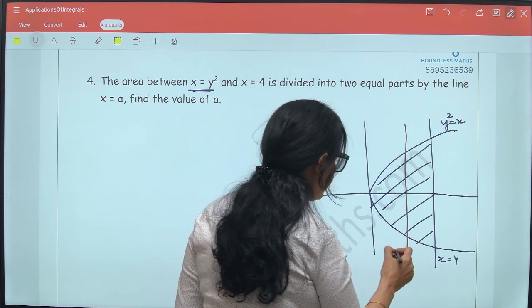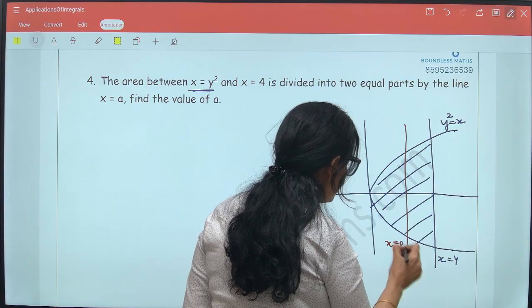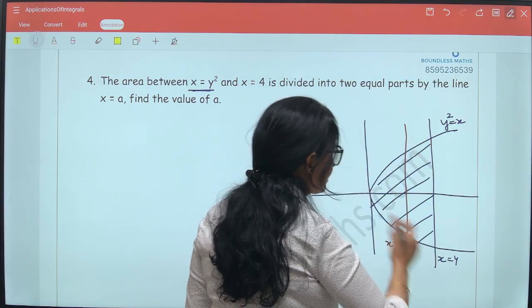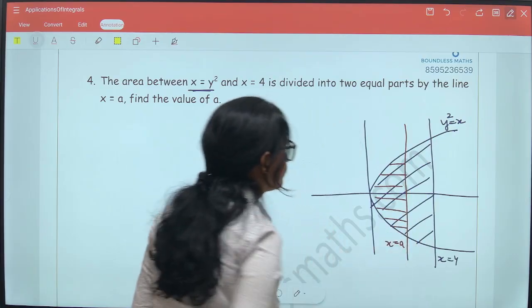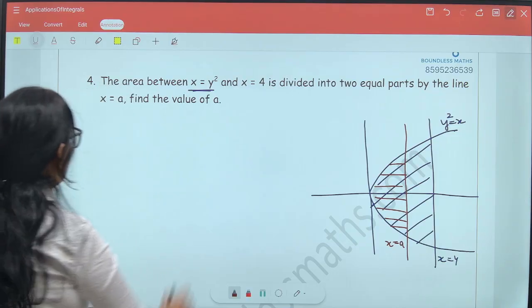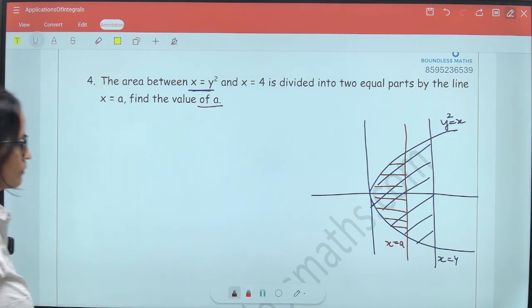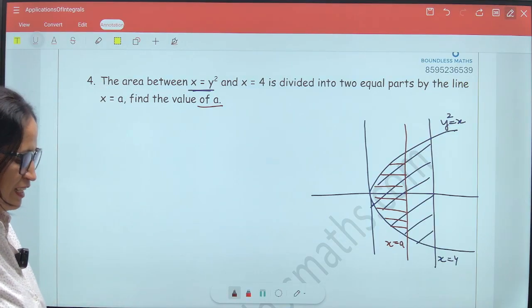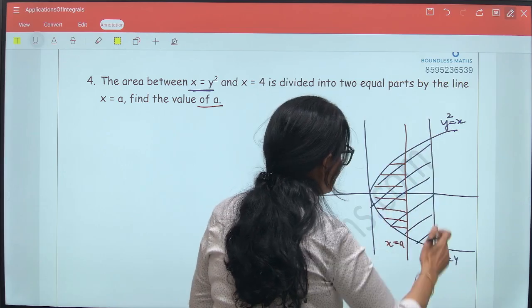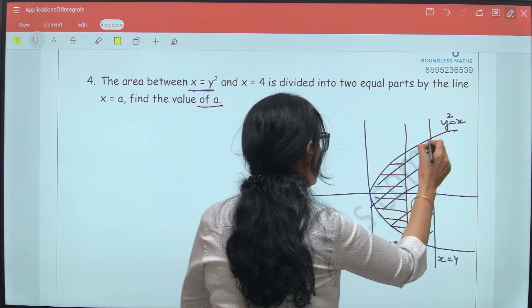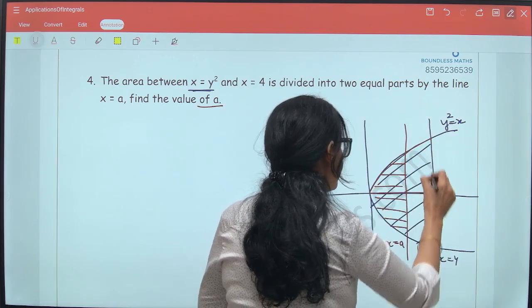That means somewhere here we have the line x is equal to a, and it divides this entire area into two equal parts. So we need to find the value of a, right? So first let's find the total area bounded by this parabola and the straight line. It is going to be double of the area in this first quadrant.